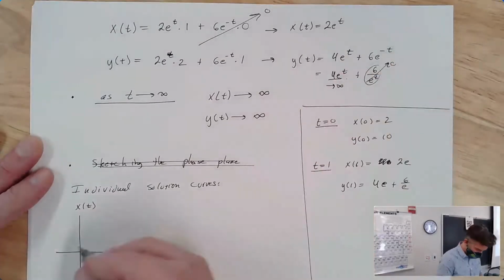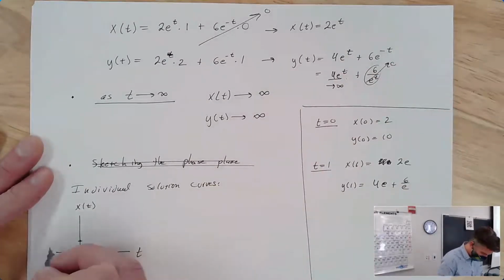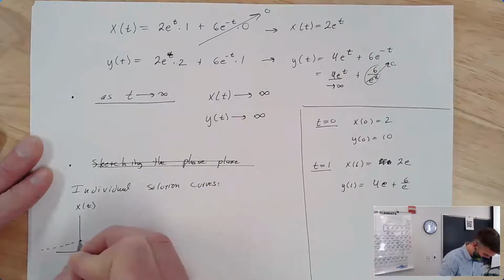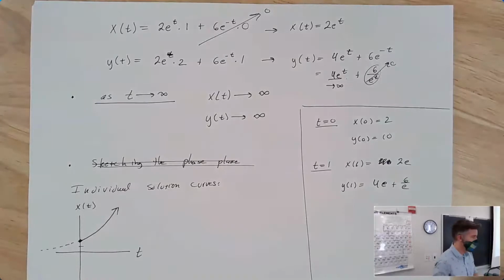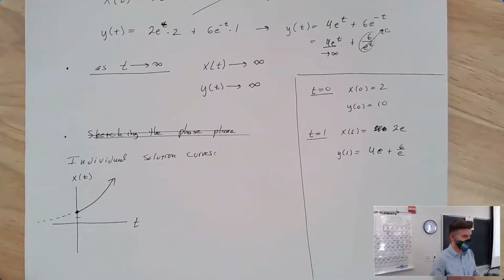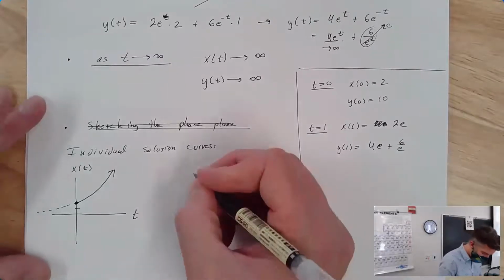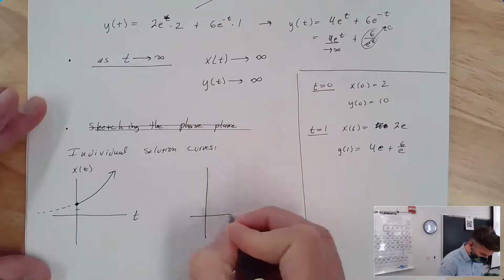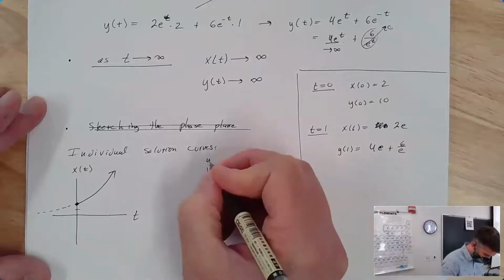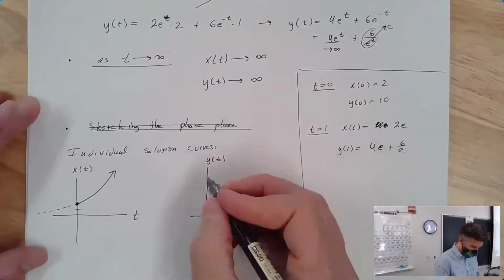At time equals 0, it's going to be 2. And then it's just got the usual kind of exponential shape. It starts there. We don't have anything to the left of t equals 0 because it doesn't typically make sense to consider negative times. And then we can also graph the solution curve for y. And y is going to start at 10.